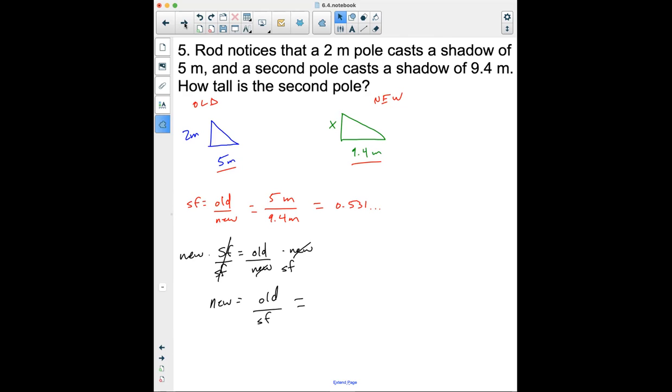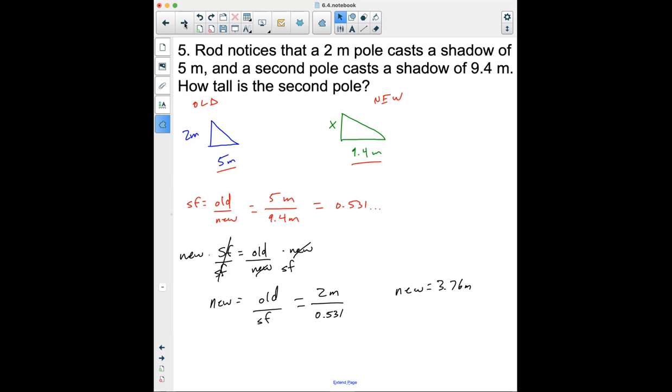My old corresponding side is 2 meters. Scale factor is 0.531. Punch those into our calculator and we get our new measurement is 3.76 meters. Let's write a sentence because it's a word problem.